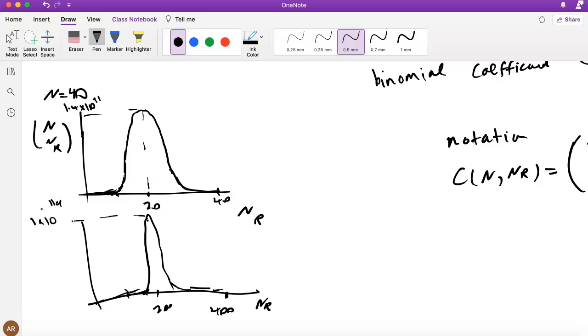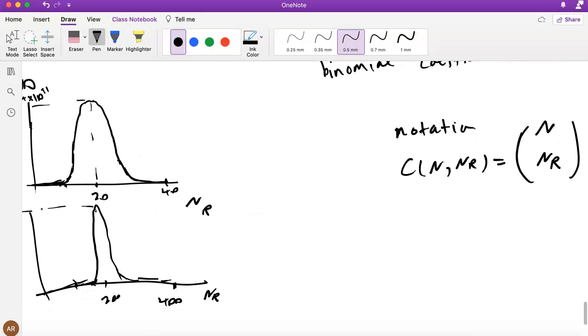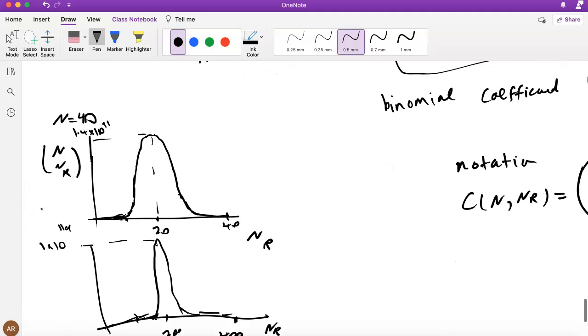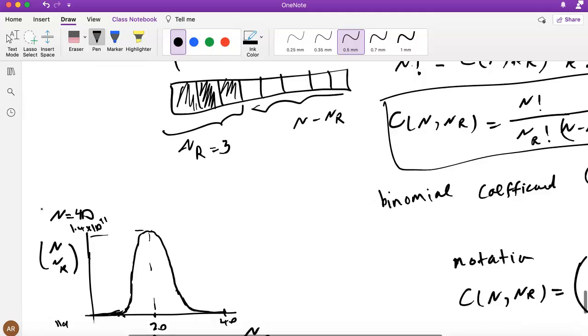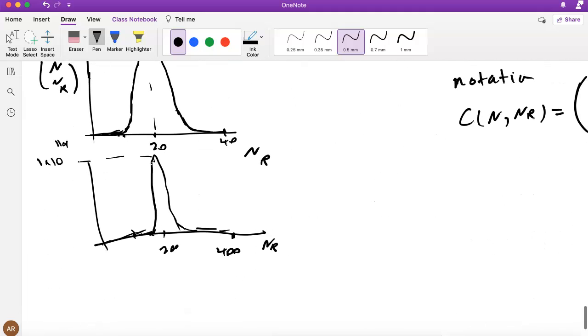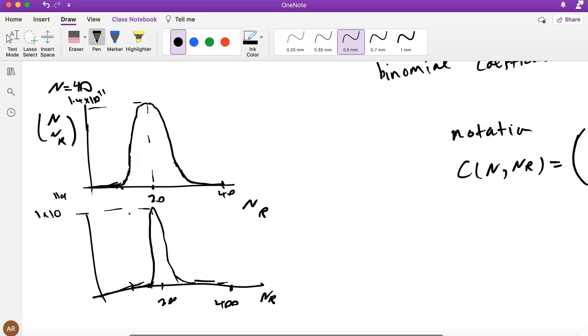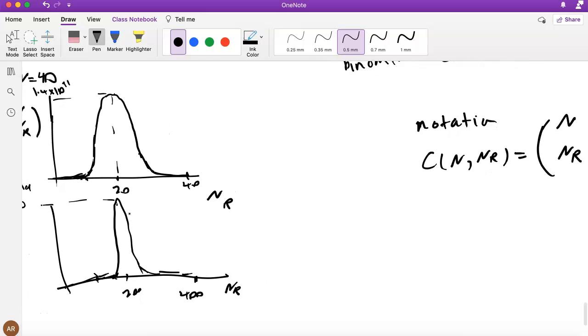So as you go to larger and larger numbers, the ratio of the number of ways where nr is, for example, equal to n over 2, to the total number of ways, the sum of all these different possibilities, right? Sum of all of those. That ratio becomes larger and larger.